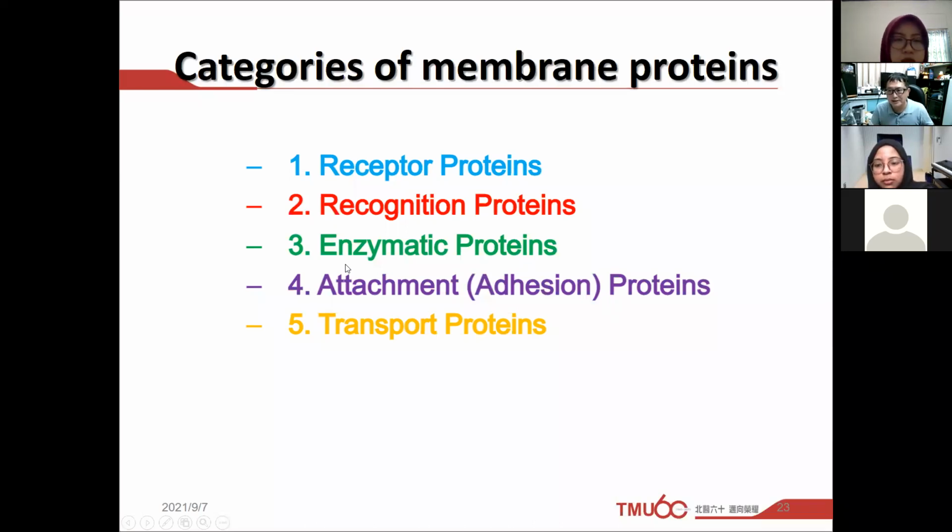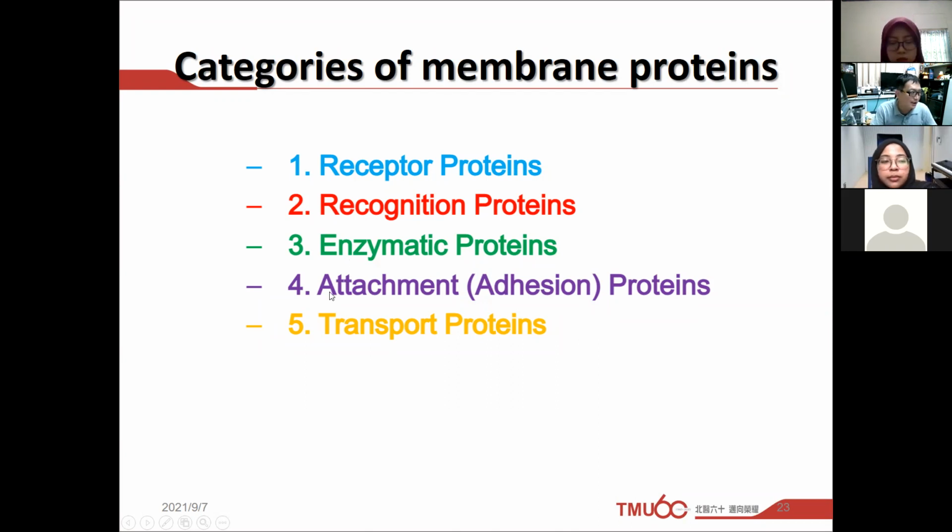So each type of cell has its unique markers, like leukocyte CD4, CD8, right? Another one is the enzymatic protein, which can, for example, digest proteins and make small fragments to ingest into the cell body.